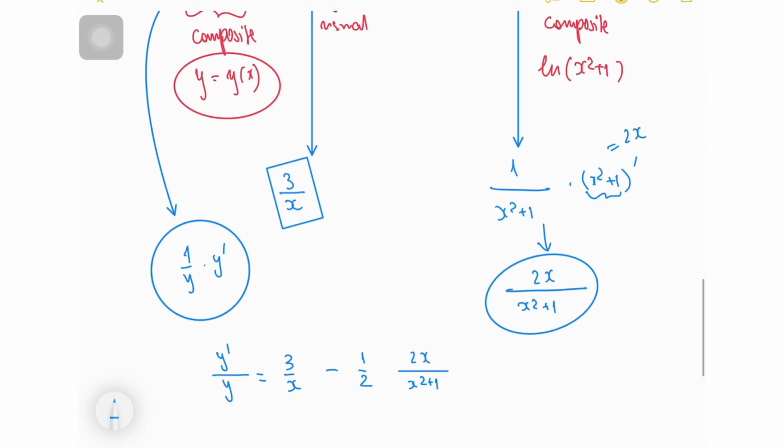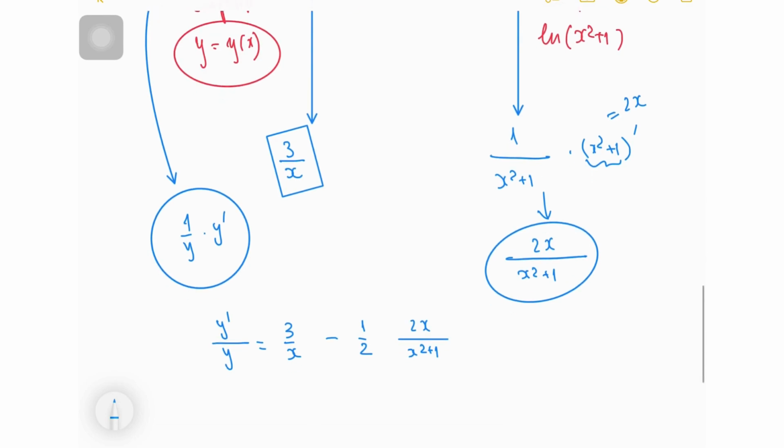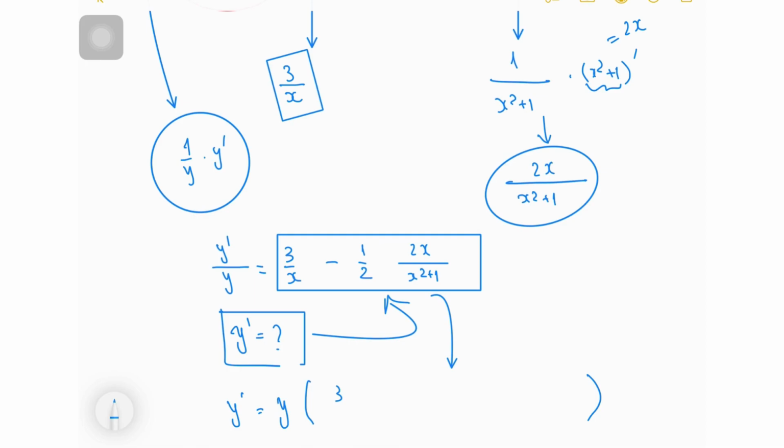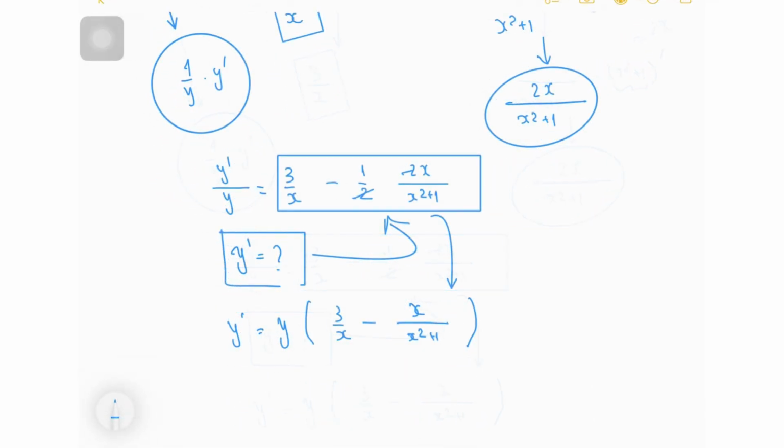That's great. And now we just need y prime. Actually we can get it from here, because then y prime is y times this here. So that is 3 over x minus, this 2 and this 2 can cancel, x over x squared plus 1. Y prime equals y times 3 over x minus x over x squared plus 1. Now what is y?